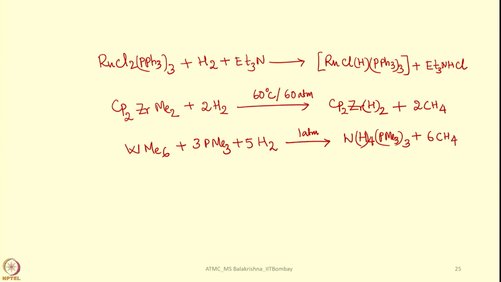So, how about with rhodium or iridium? Let us consider one such example. Let us consider Vaska's compound that you are all familiar with. Of course, in this one iridium is in +1 state.